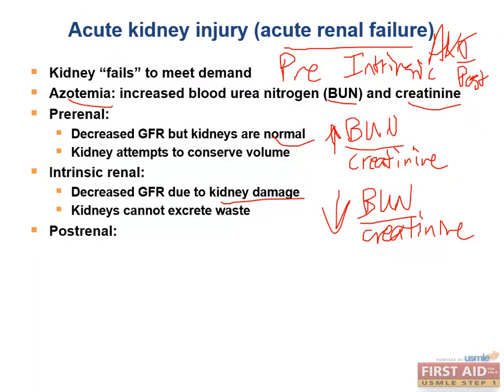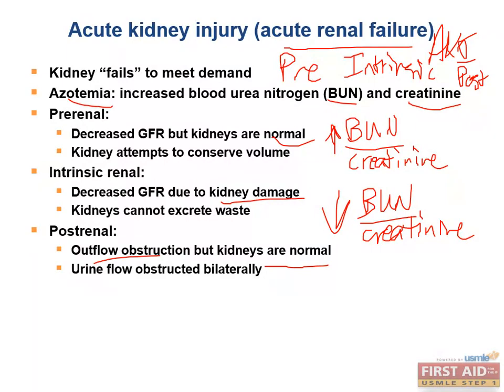Next, we have post-renal AKI, which results from some kind of urine outflow obstruction. But again, here the kidneys are normal. And urine outflow has to be obstructed bilaterally, because if urine is only obstructed from one kidney, the other kidney can compensate and produce the urine that needs to be produced to clear the body's waste.